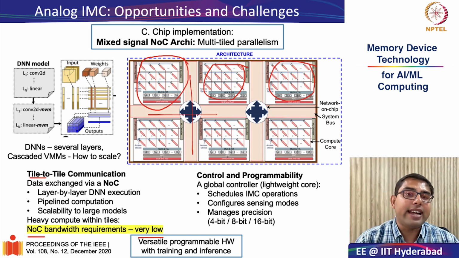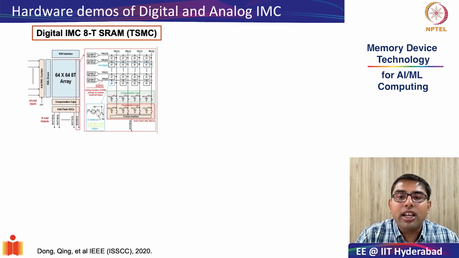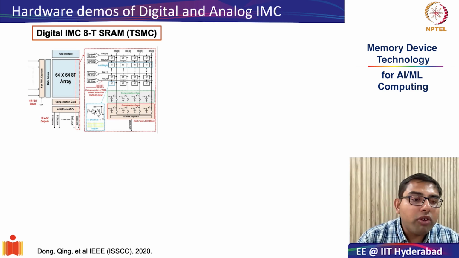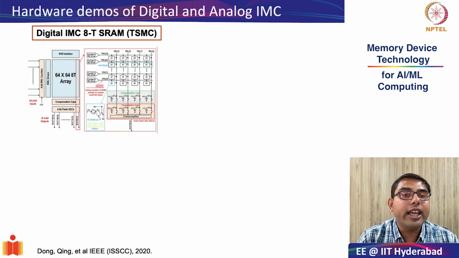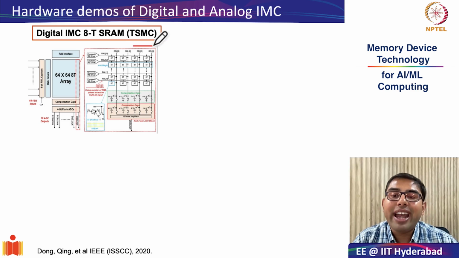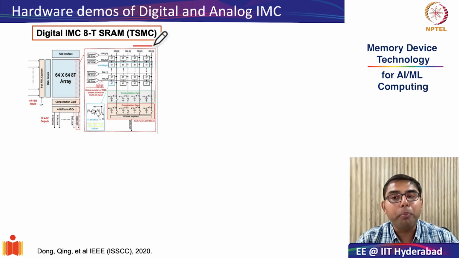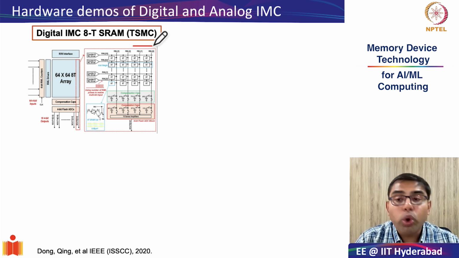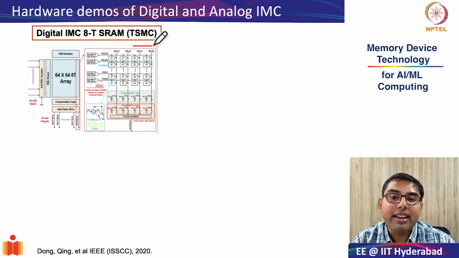So with this understanding, let us go and see some of the implementations of both digital and analog in-memory computing in actual hardware. This work, which was published in ISSCC in 2020 by TSMC, is a great example of digital in-memory computing, implementing a highly optimized 8T SRAM based compute in memory macro using a standard 7 nanometer FinFET technology.